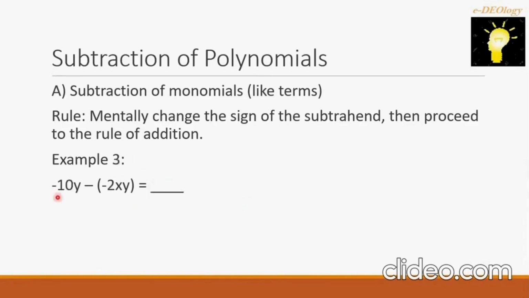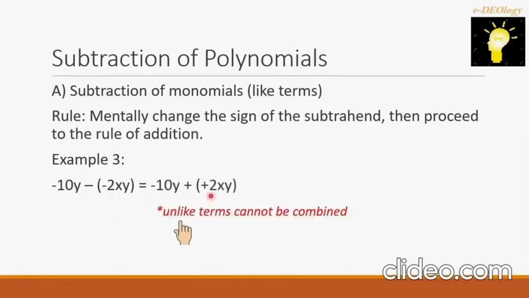Example 3. Negative 10y minus a negative 2xy. So again, the second term is our subtrahend, so we're going to change the sign. From negative, it becomes positive, and then the operation becomes addition. However, we can observe here that the first term and the second term are not like terms.